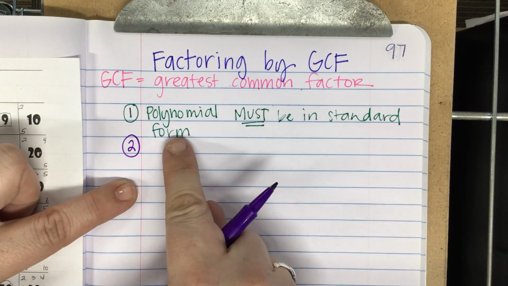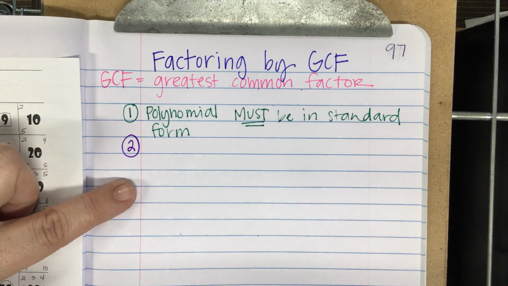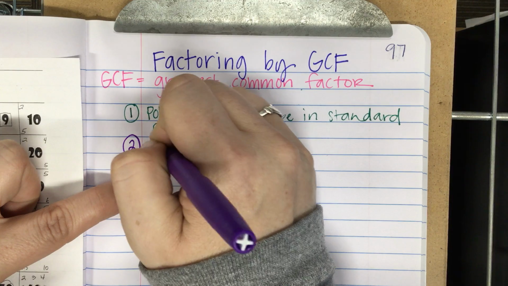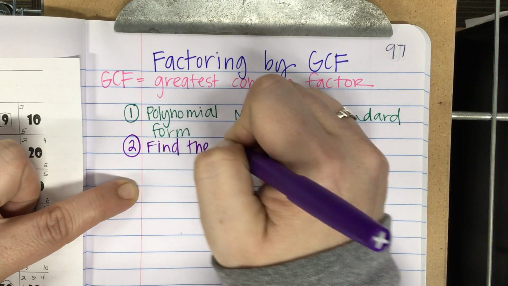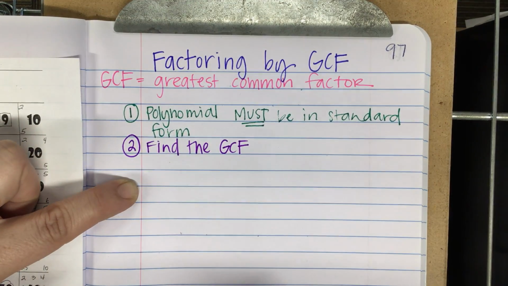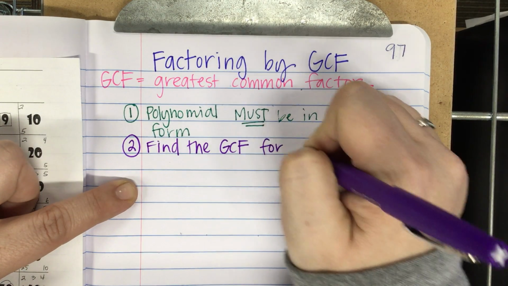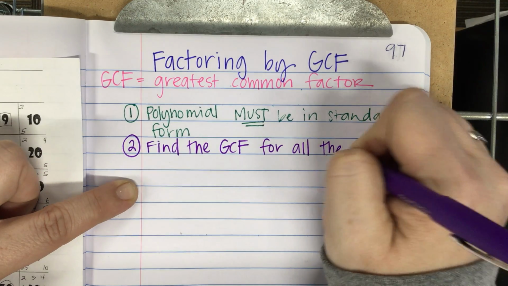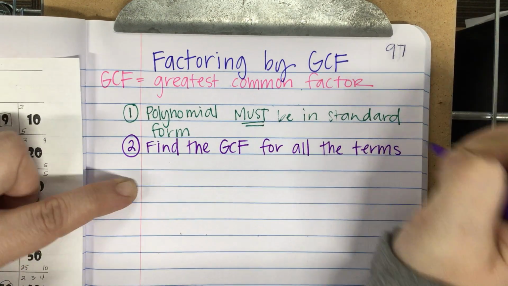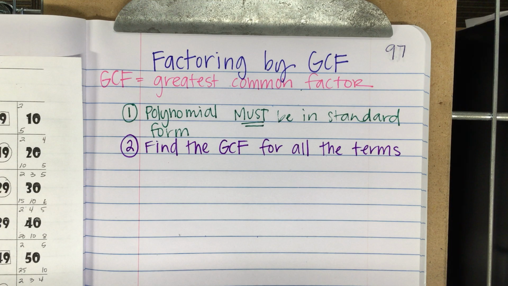Once it's in standard form, or if it's already in standard form, you want to find the GCF, greatest common factor, what can everything be divided by, for all the terms. It's not what can the leading coefficient be divided by.